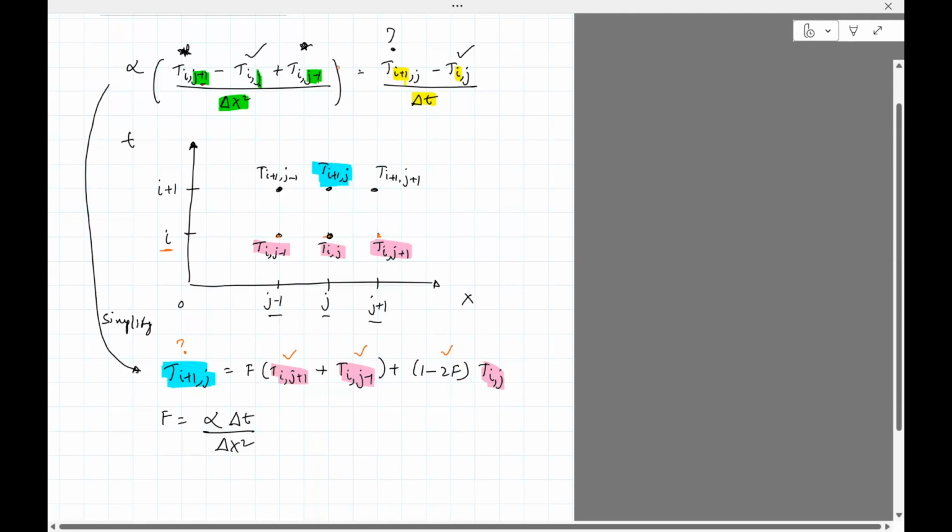And then I have ti plus 1 j. Okay. Then I need to do the same thing for this one. It will be the three neighbors here, here, and the one over here. And we just have to proceed that way from bottom to top. I need to do it for i plus 1, i plus 2, i plus 3 till I get it to whatever time I need to compute the temperature.